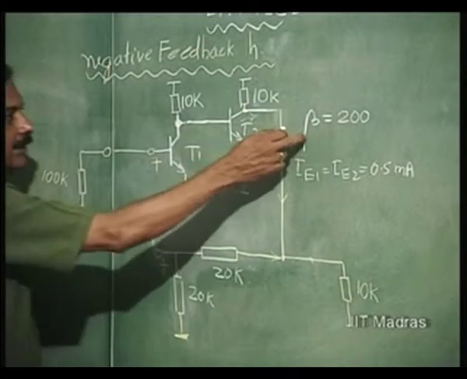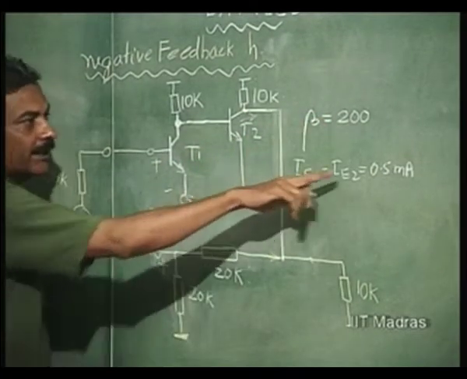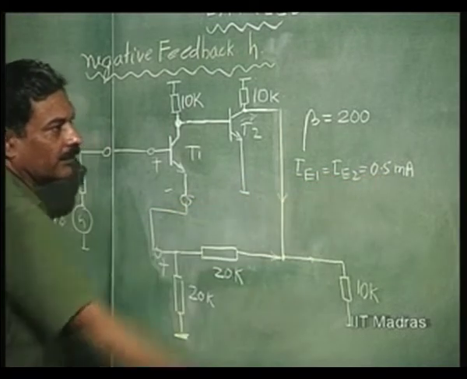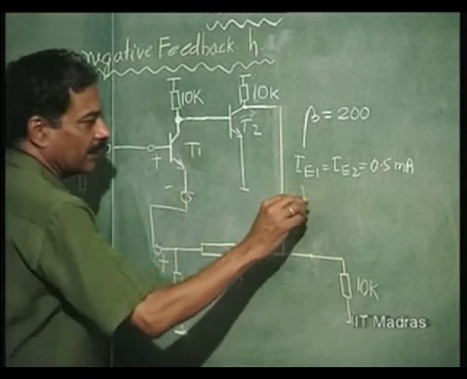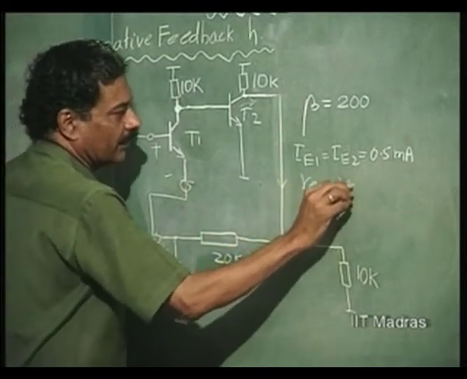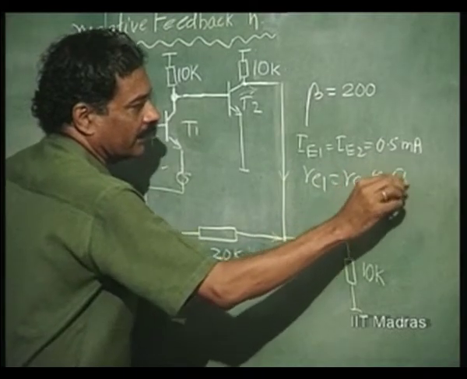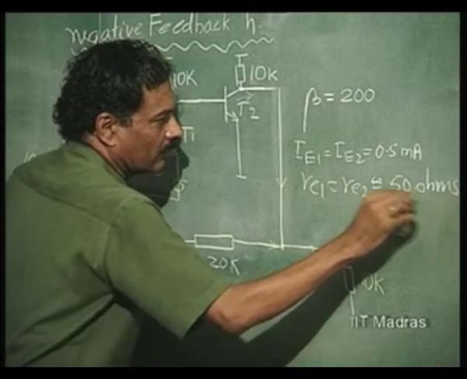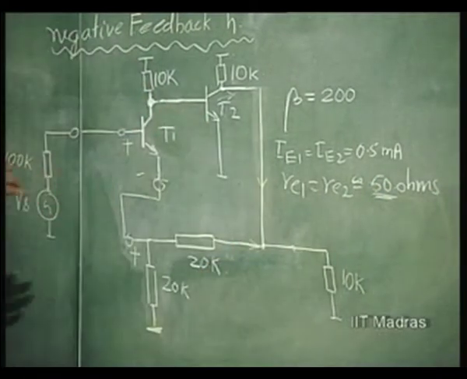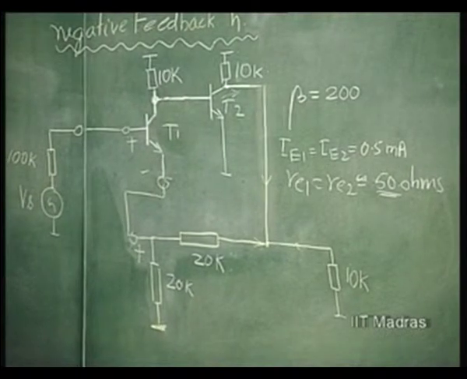Beta of the transistor equal to 200, and these two transistors are made to operate at a current of 0.5 milliamperes, with the resultant effect RE1 equal to RE2 roughly equal to 50 ohms. That is 25 divided by 0.5 ohms. So, 50 ohms.